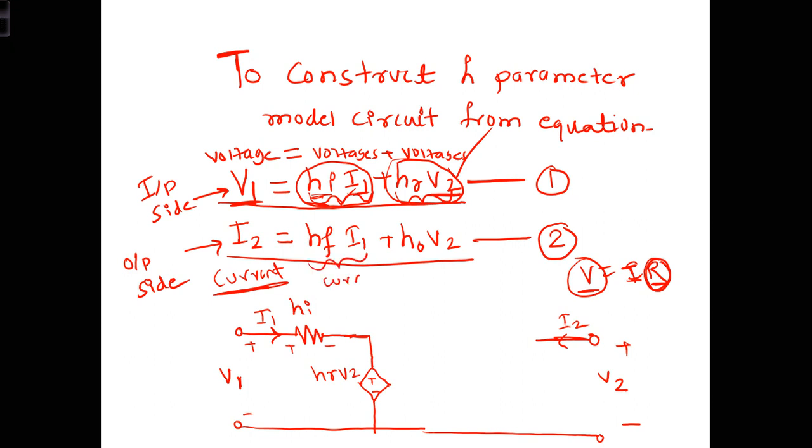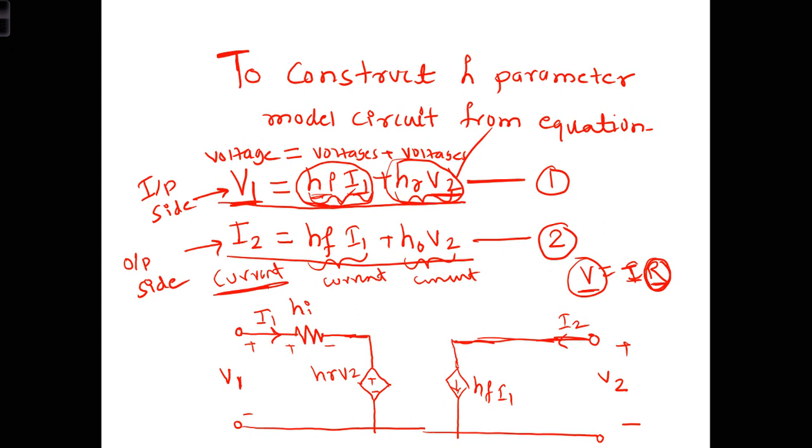So this term must be a current and this term must be a current. That's sure. This term is I1 multiplied by some quantity HF, so it should be a dependent current source. So I am drawing this dependent current source. Its value is HF into I1. The second term must also be a current, H0 into V2.